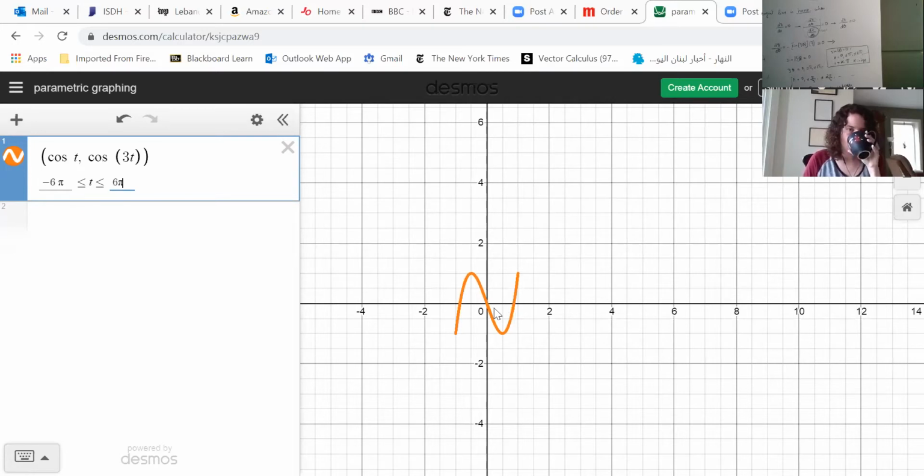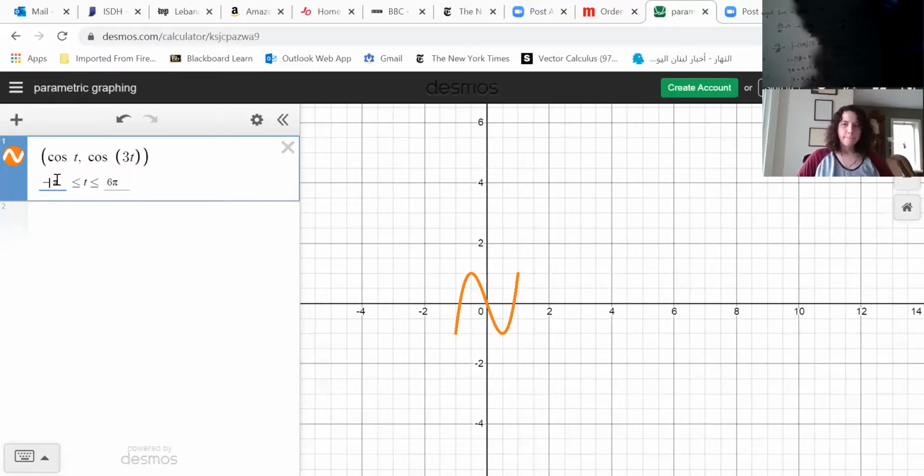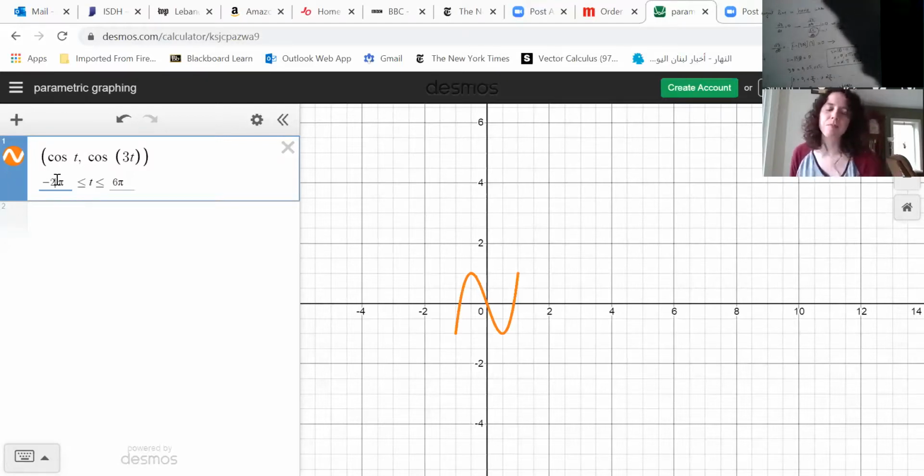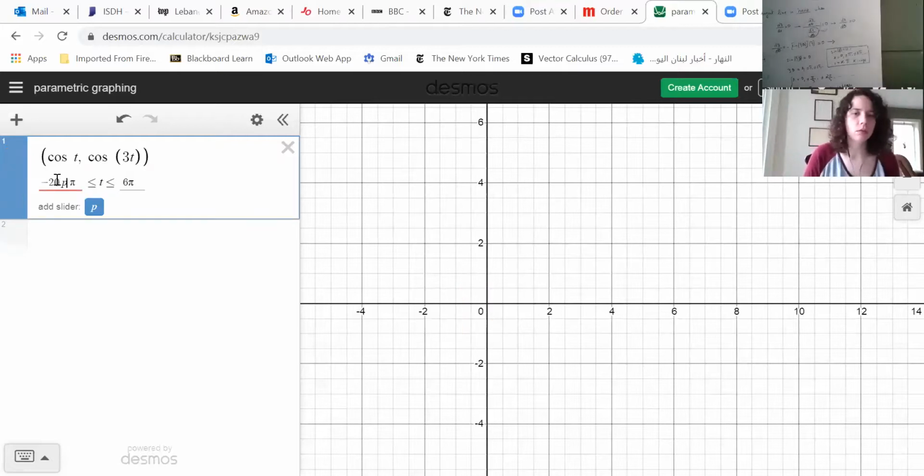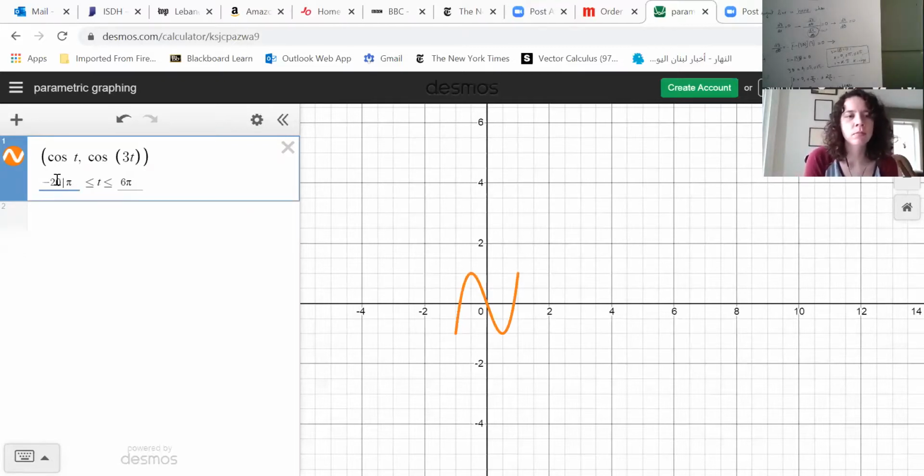All right, so it gave me this graph. Okay, let me enlarge it a little bit. Let's make a larger range. So let me go from minus 20 pi all the way to 20 pi, and let's hope it gives me something that makes sense. All right, and it doesn't like what I'm giving it for some reason.